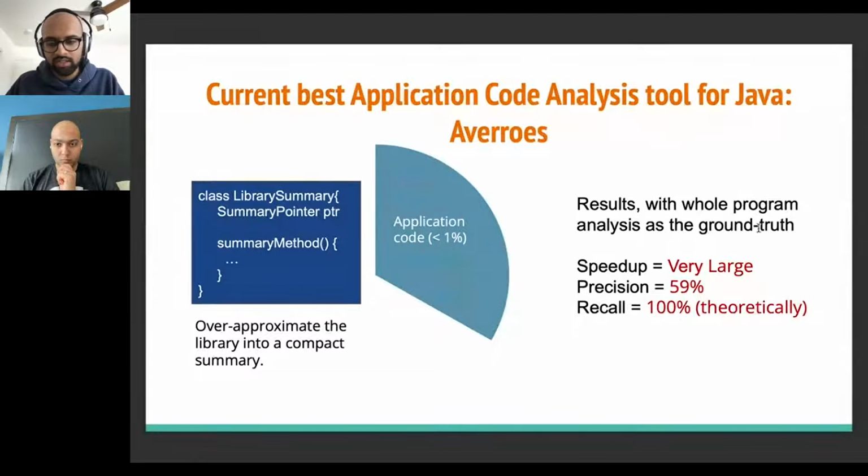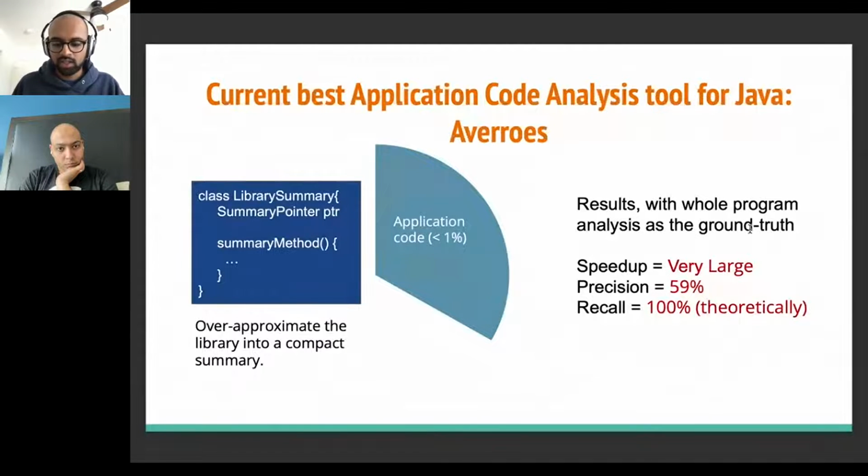The result, if we take the whole program analysis as the ground truth, is that the speedup is really large because the library summary is very compact as compared to the whole library. And recall is theoretically 100% because Averroes does an over-approximation, but precision is only 59%.